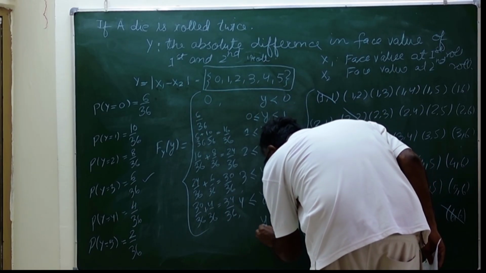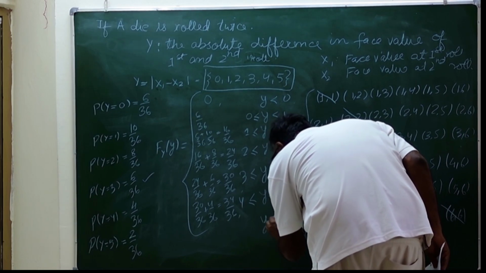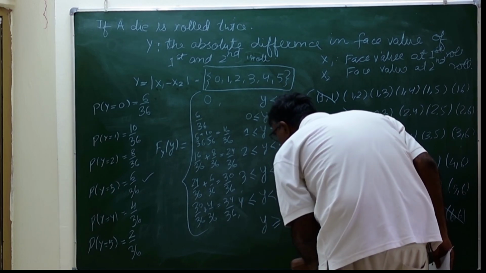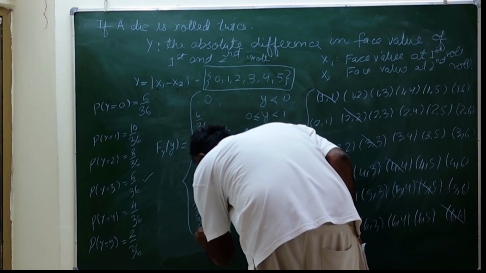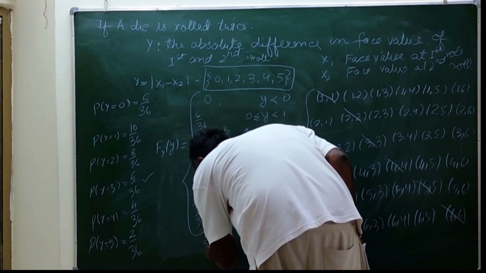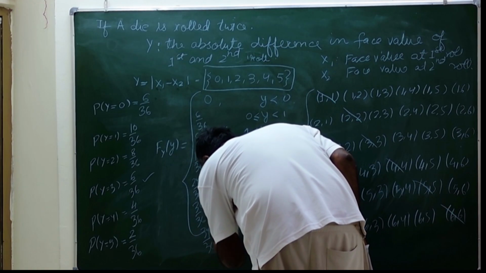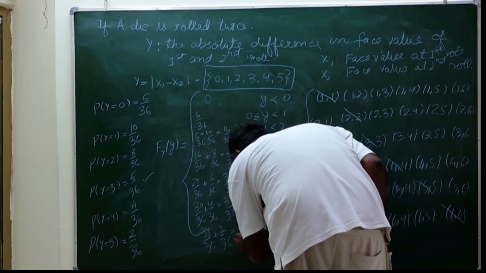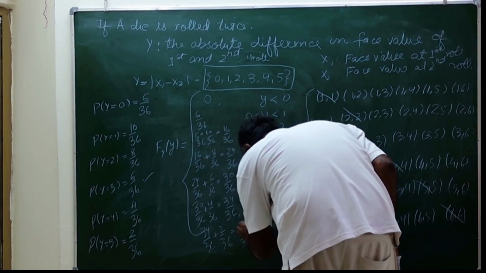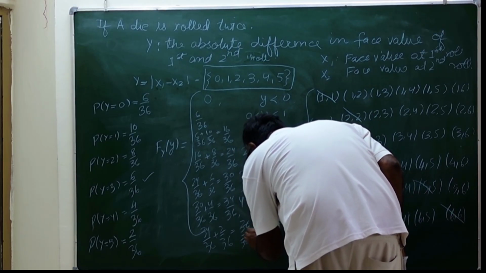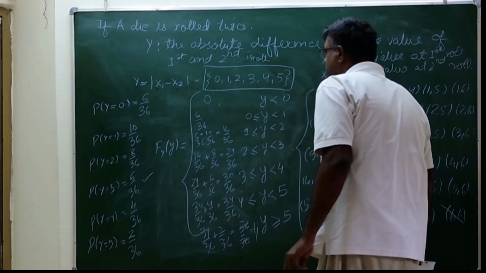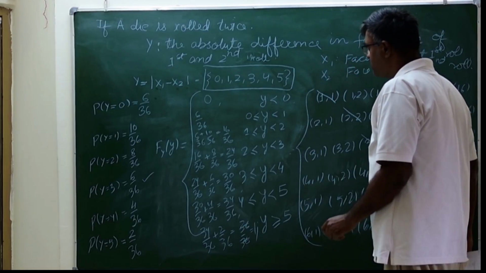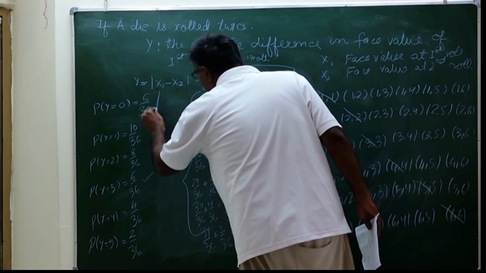And for y greater than or equal to 5, 34 by 36 plus 2 by 36. So this comes out to be 36 by 36, which is nothing but 1. So this is the distribution function of y.